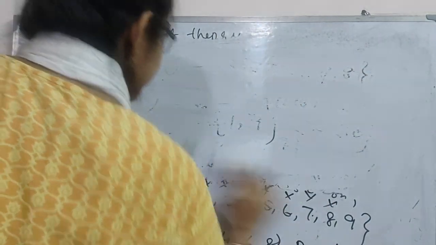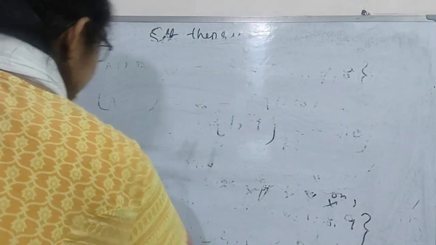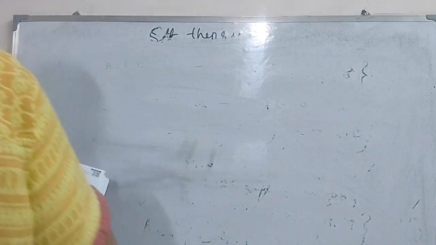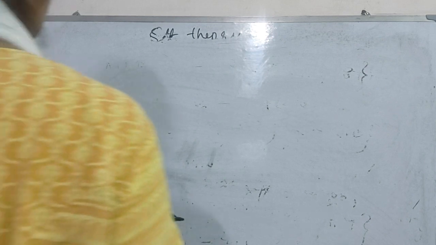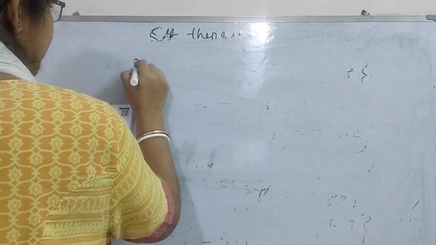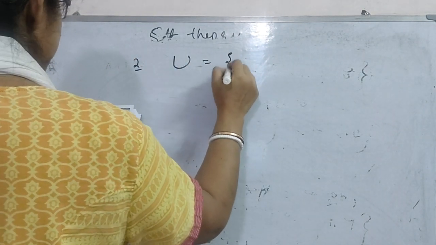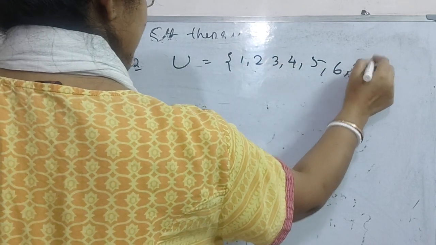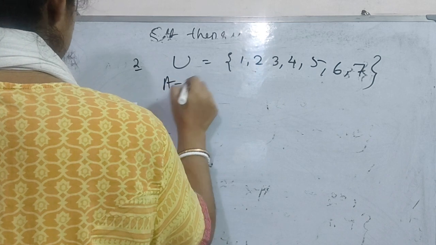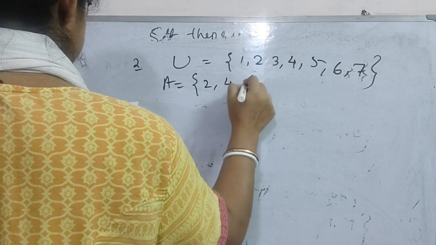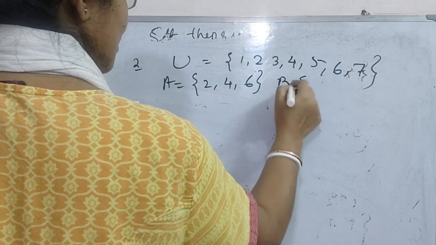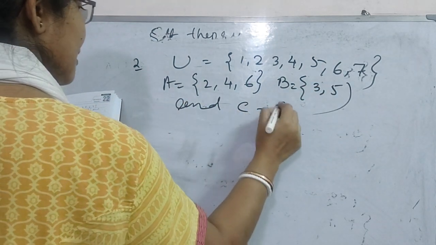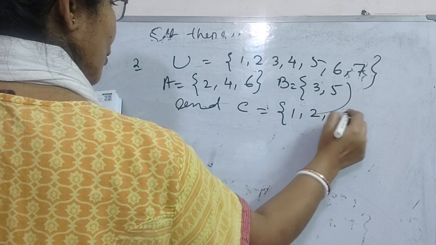Next sum. Let the universal set equal {1, 2, 3, 4, 5, 6, 7} and A equal {2, 4, 6}, B equal {3, 5}, and C equal {1, 2, 4, 7}.